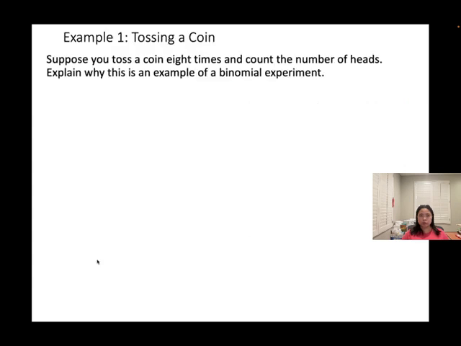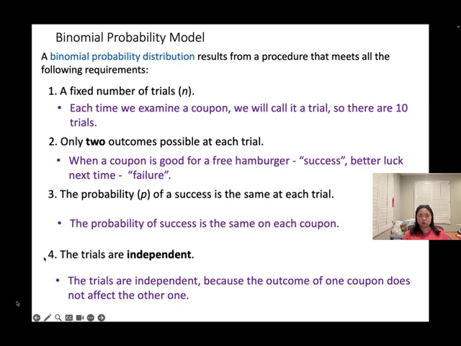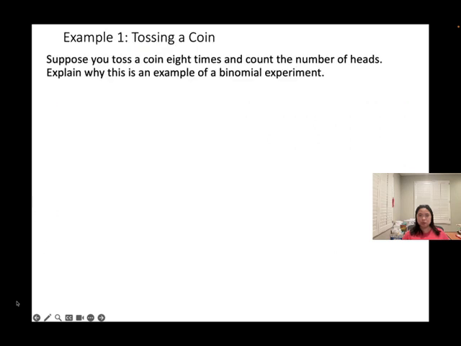Example 1. Suppose you toss a coin 8 times and count the number of heads. Explain why this is an example of a binomial experiment. So I need to fulfill these 4 requirements. And think about whether this example will be a binomial probability distribution.